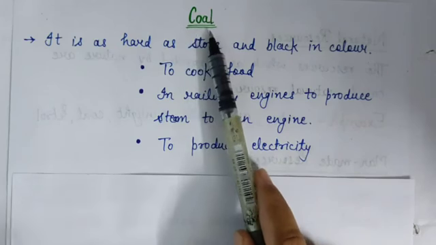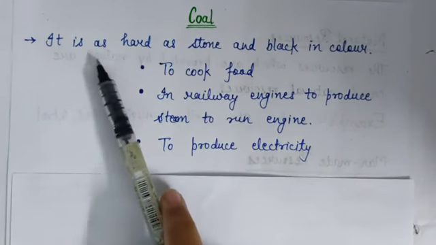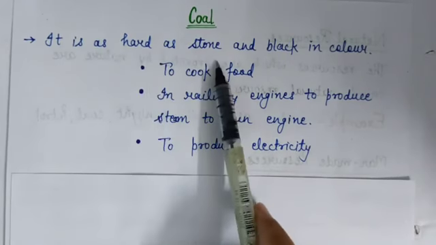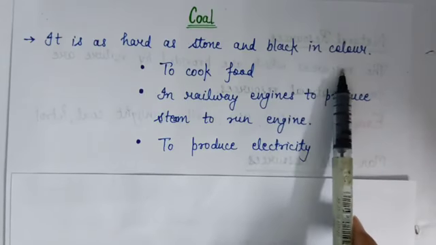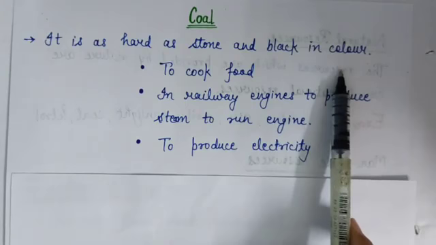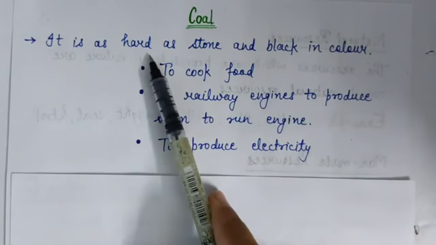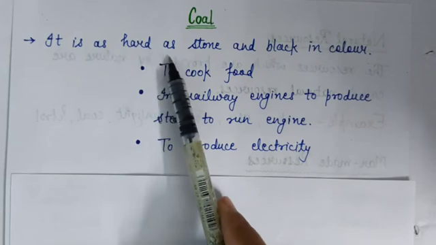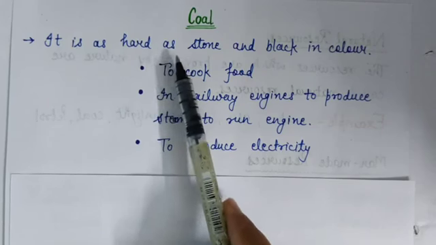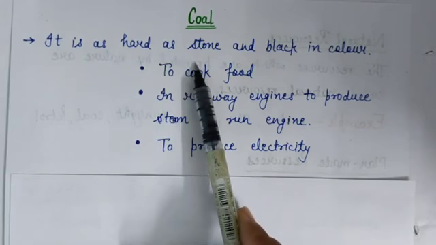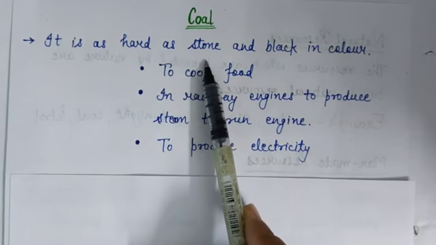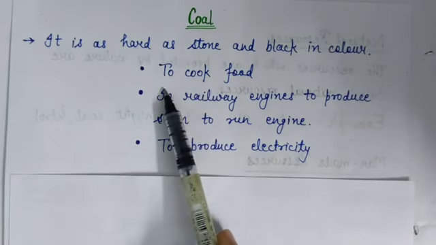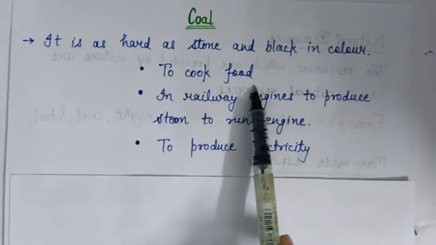Now what is coal? It is as hard as stone and black in color. Means coal is a black hard substance. And it is a mixture of carbon, hydrogen and oxygen. And where is it used? Coal is used as a fuel for cooking food.